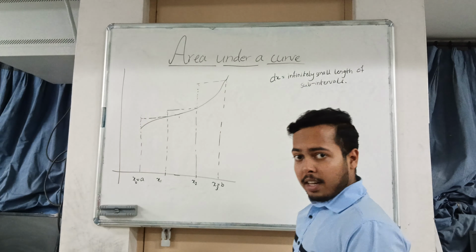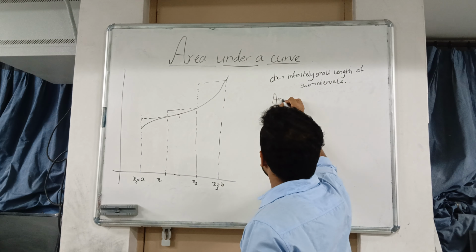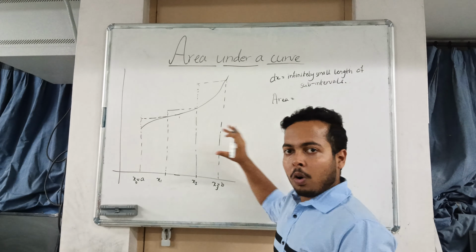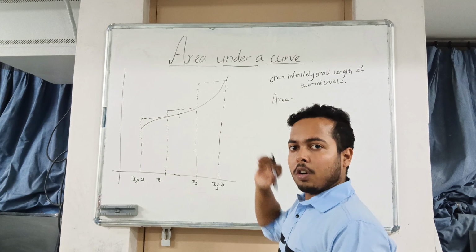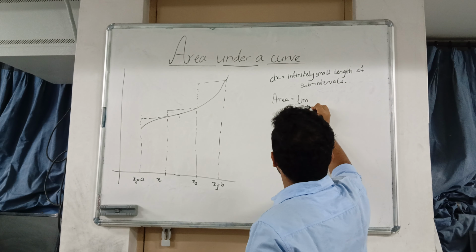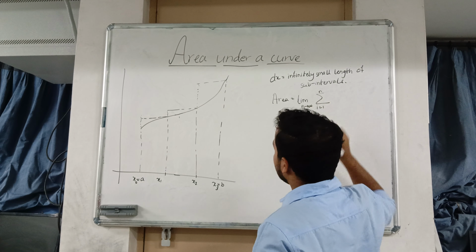In that case, the area of the curve would be the sum of all the areas of all the rectangles. So that would be limit n tending to infinity, summation i equals 1 to n.